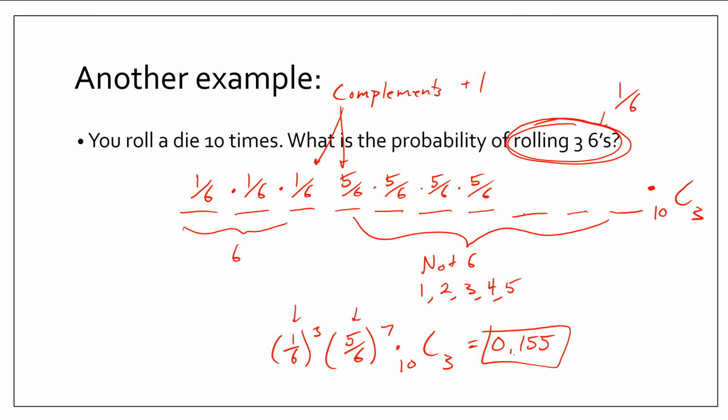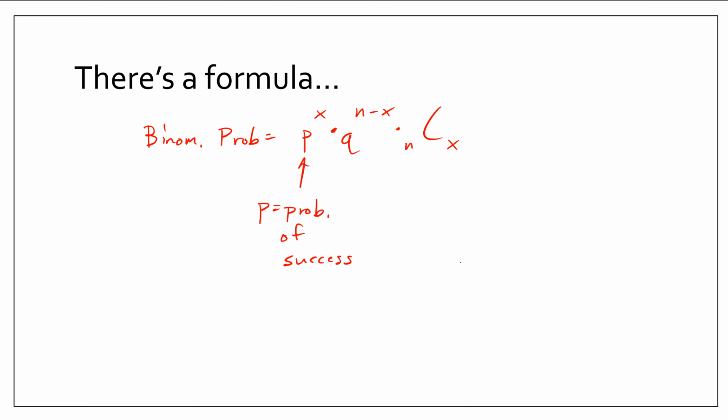What's the Q? Well, let's look back at this previous problem. If the probability of success was 1 out of 6, that's the probability of rolling a 6, the probability of not rolling a 6 was 5 out of 6. So the Q, I'm just going to say, is the complement of P. If P is what you want, then in all of the other slots, Q is what you don't want.